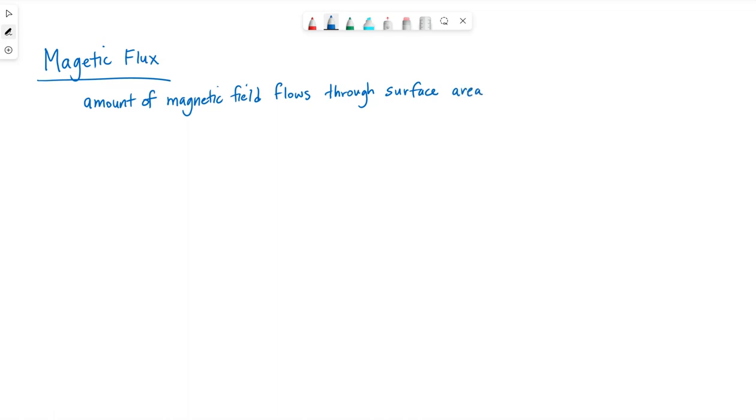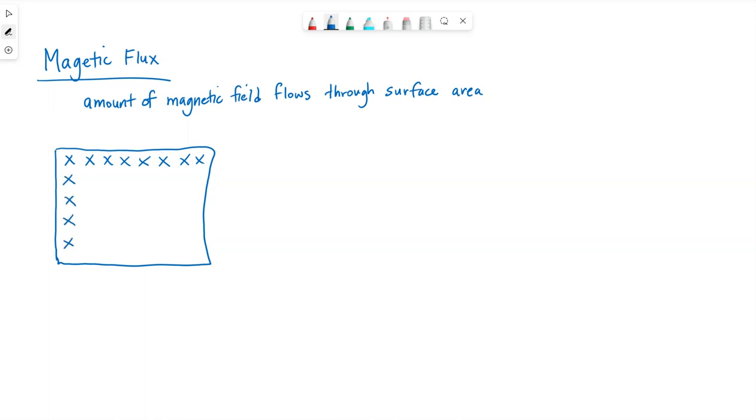So if I had a region of space here that had a magnetic field, I'm not particularly concerned about what would create this magnetic field, just that there is a magnetic field in this region.